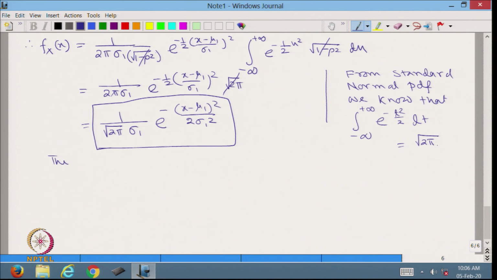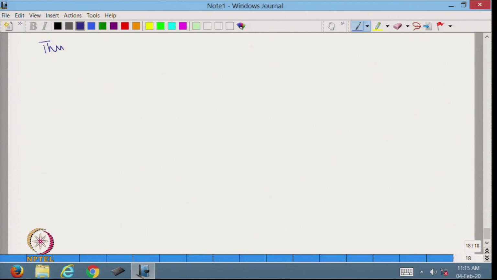This is the PDF of normal with mean mu 1 and variance sigma 1 square. Thus, marginal density of x is normal with mu 1 sigma 1 square.